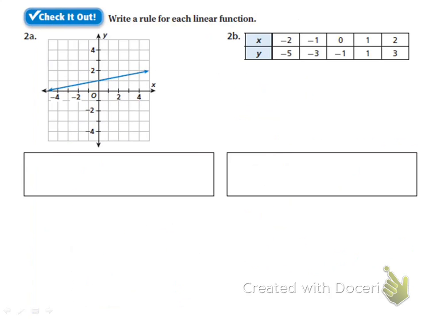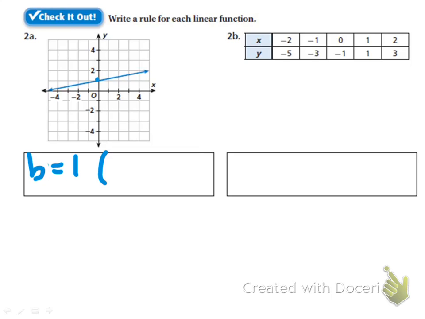Okay, I'd like you to do check it out number 2 on your own. Okay, we can tell from this, on this one, that the y-intercept where it crosses is at 1, so your b should be 1.